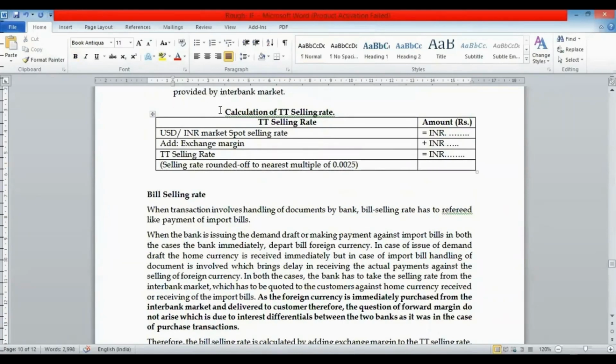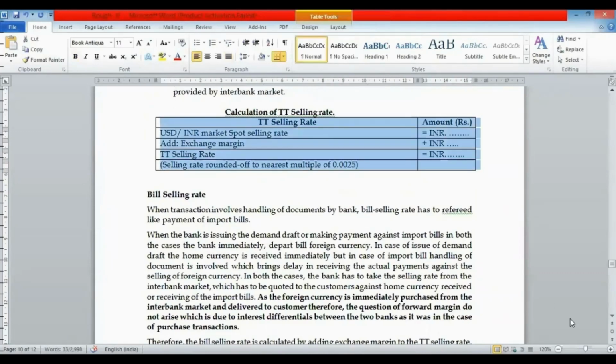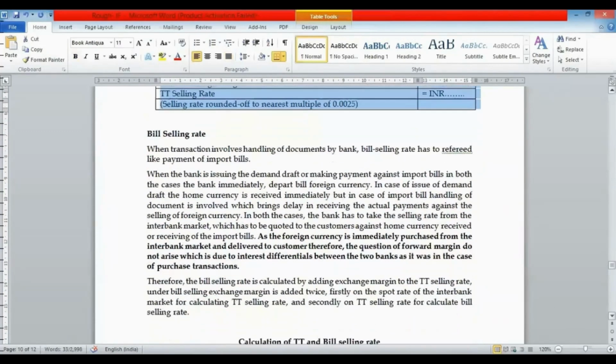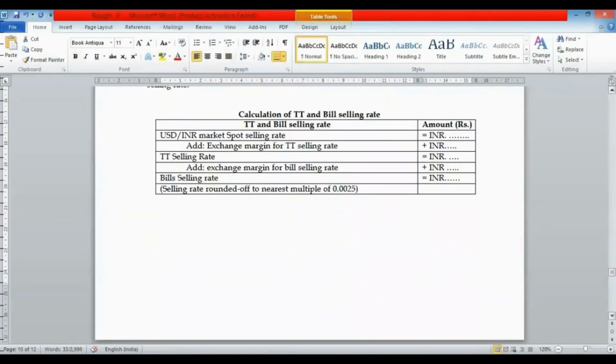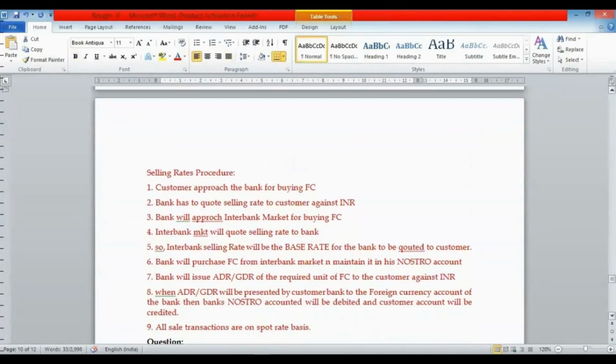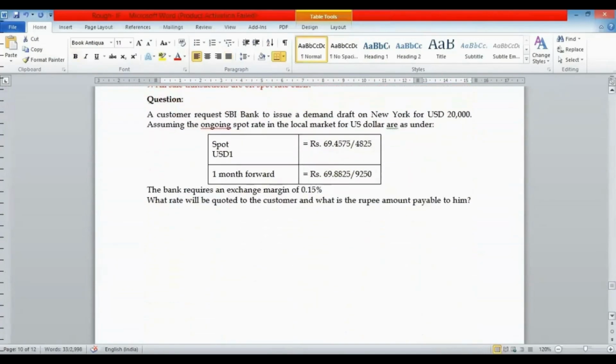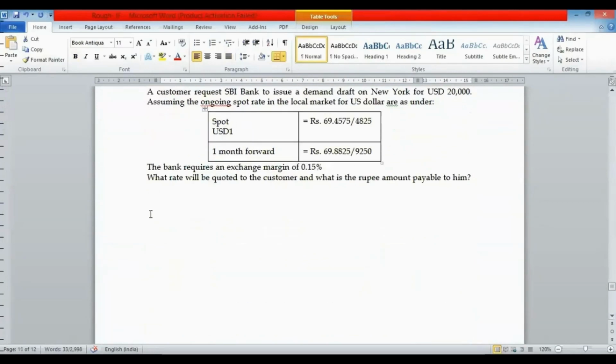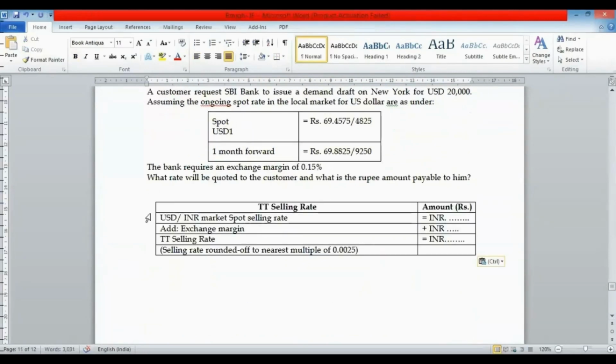If I try to take up this thing again, then we can easily note down how the calculation will be done. This is the problem that we are taking now. Now, this is the format that we have to follow.